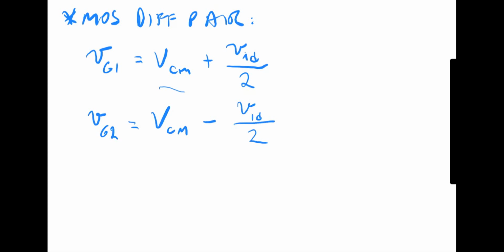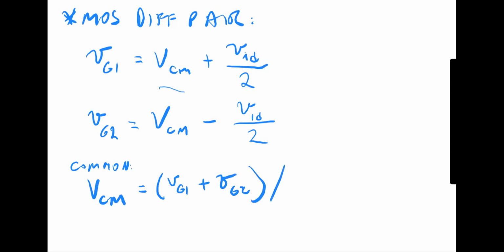and we're going to look later at the non-idealities of not having a perfect common voltage. But for now, let's say that there is this common characteristic to the differential pair, where that common voltage is also, if you solve using the two equations before, VG1 plus VG2 divided by 2.